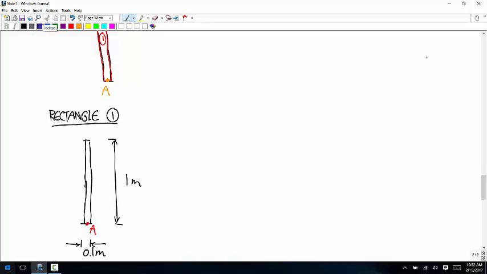The formula says that the moment of inertia about the center is 1/12 times the mass. The mass of this rectangle is 50 kilograms, times the quantity length squared plus width squared.